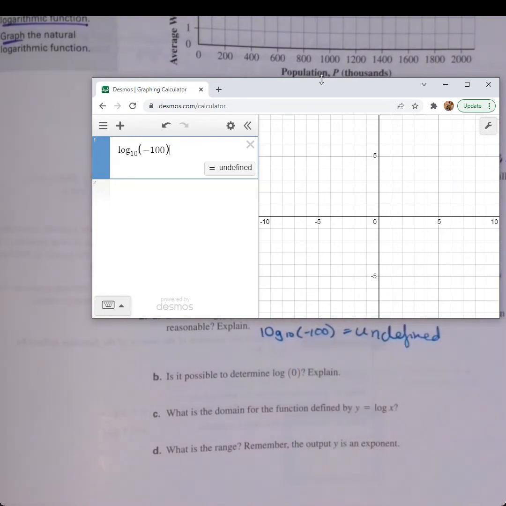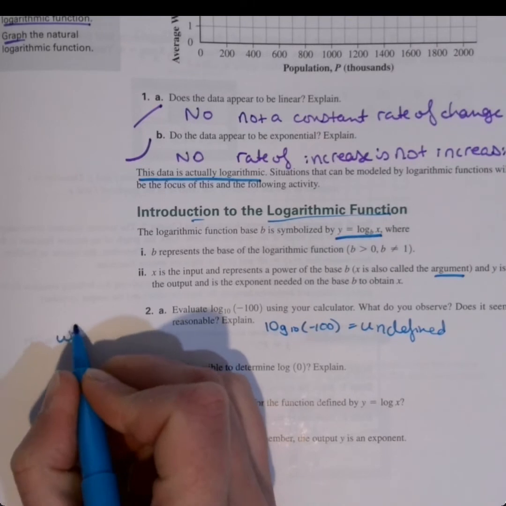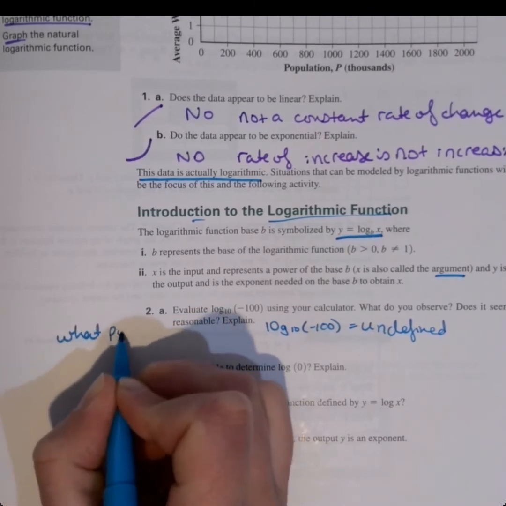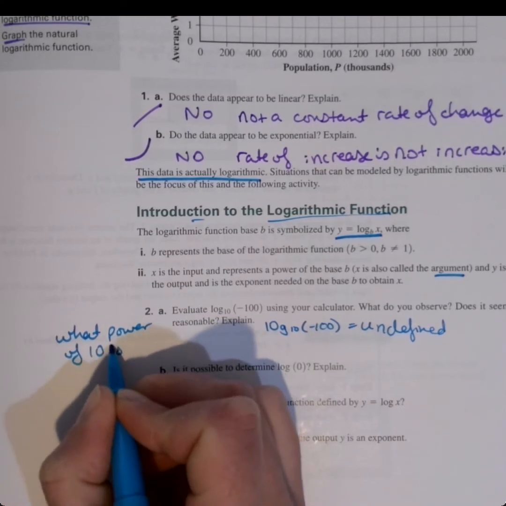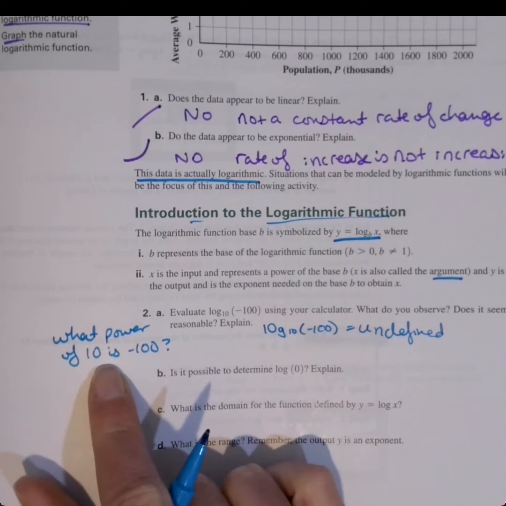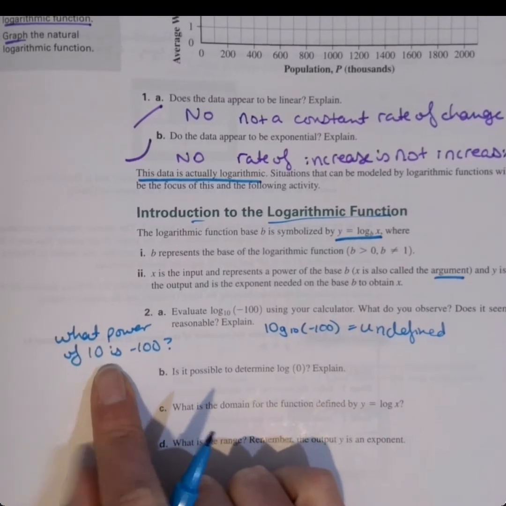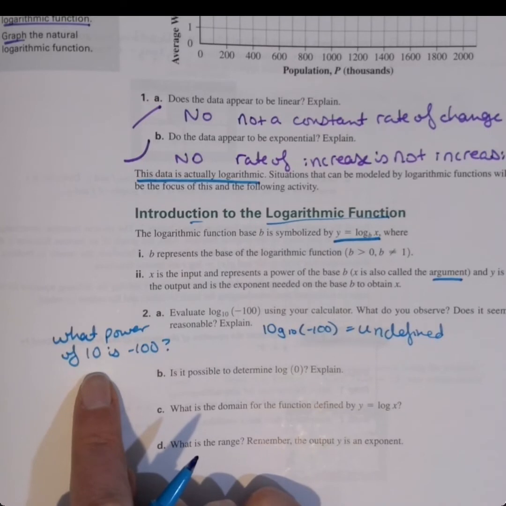Remembering what this question is asking us, it's asking what power of the base, which is 10, gives negative 100. And I cannot raise 10 to a power and get a negative number. If I raise 10 to the first, 10 to the second, 10 to the third, it's going to be 10, 100, 1,000.